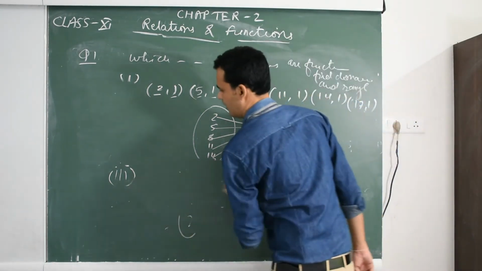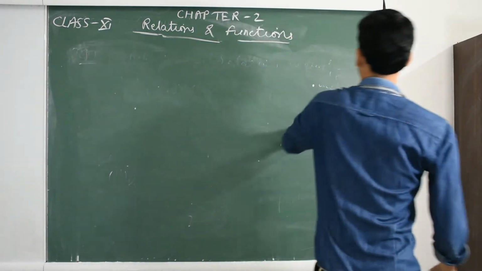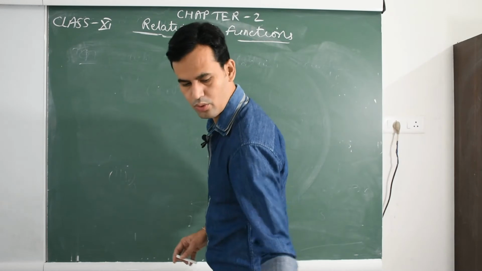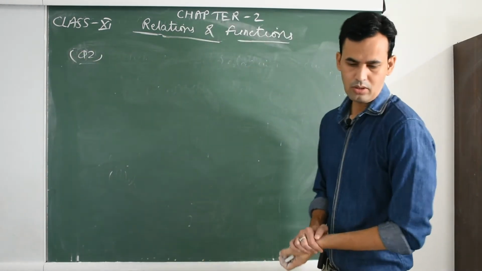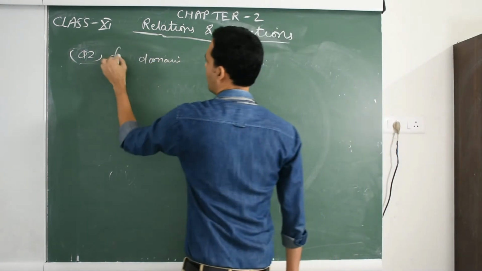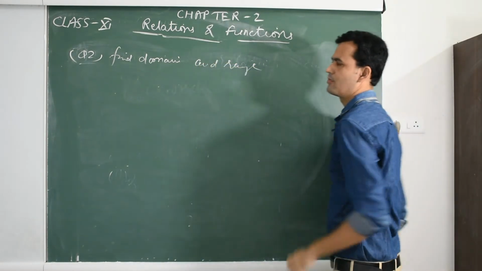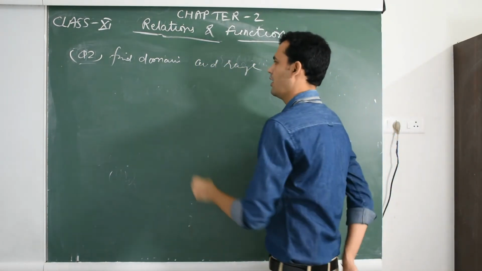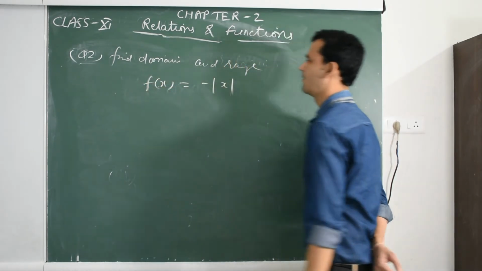Question number 2. We have to find domain and range of f(x), and the question is given as f(x) equals minus mod x.